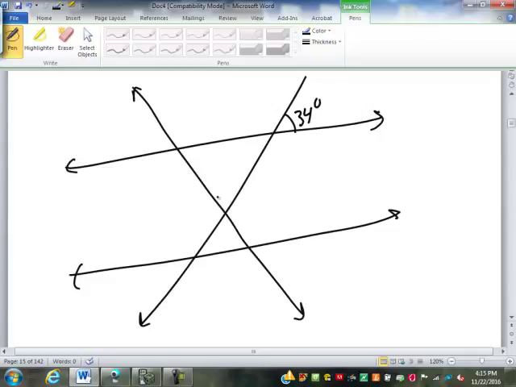And I'm going to tell you that this angle right here is 81 degrees. I want you to find those three angles, A, B, and C. So see if you can figure out what those angles have to be.